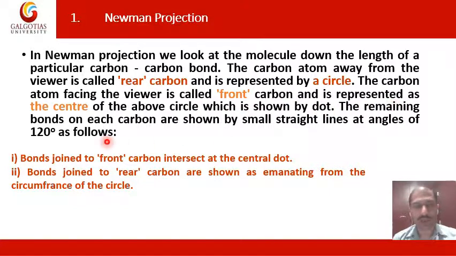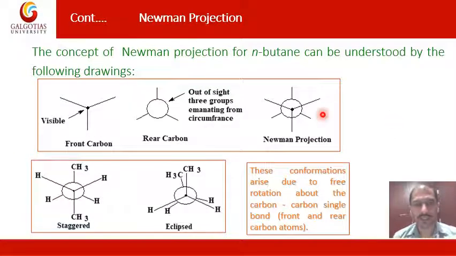The remaining bonds on each carbon are shown by small straight lines at an angle of 120 degrees. The bonds joined to the front carbon intersect at the central dot, and the bonds joined to the rear carbon are shown as emanating from the circumference of the circle. Once you see the example, it will be easier.